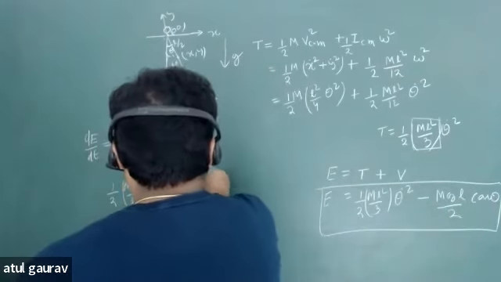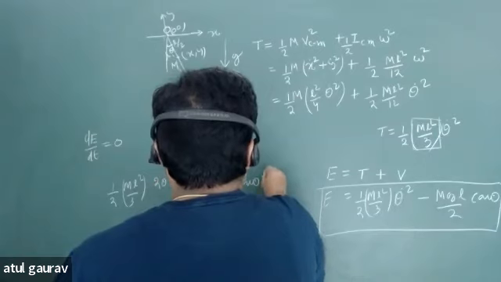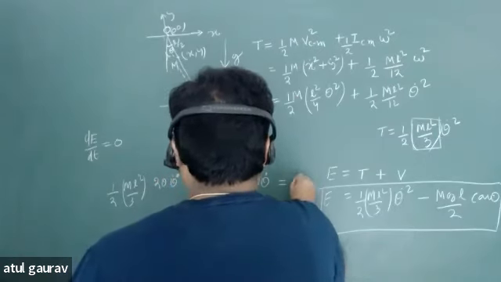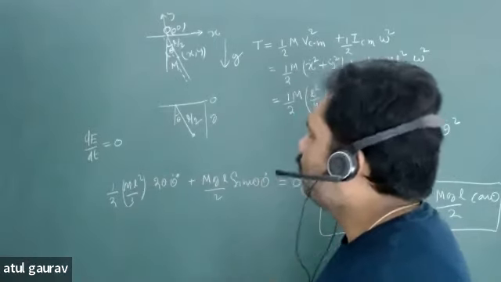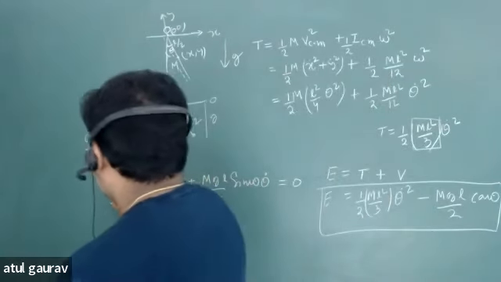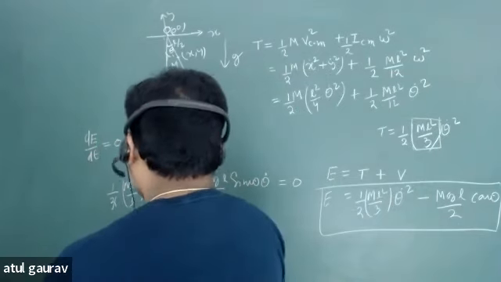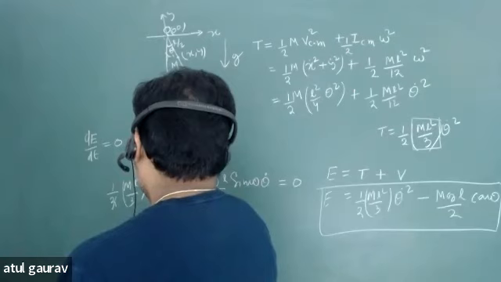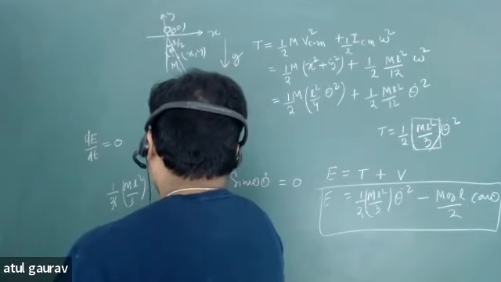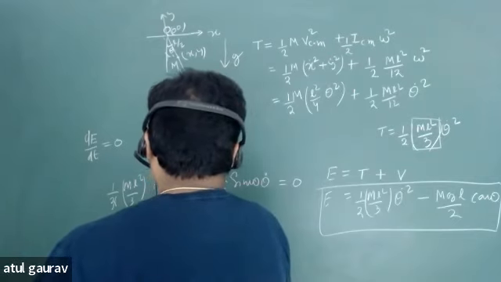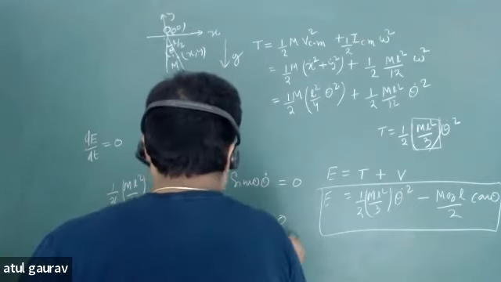So plus mgl by 2 sin theta theta dot must be equal to 0. Yes? And theta dot is not equal to 0. So this 2 and this 2 will cancel out. And you can take ml also common. So what do you have? You have L by 3 theta double dot plus G by 2 sin theta must be equal to 0.